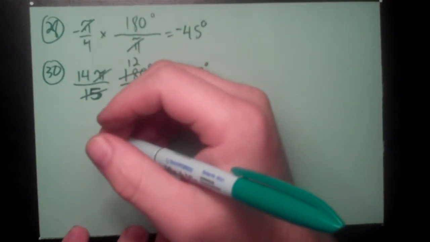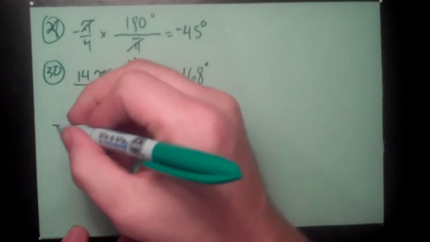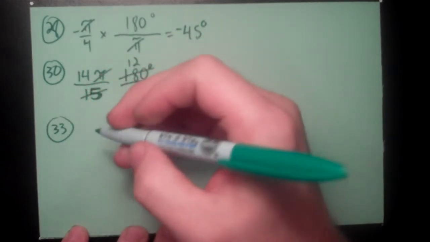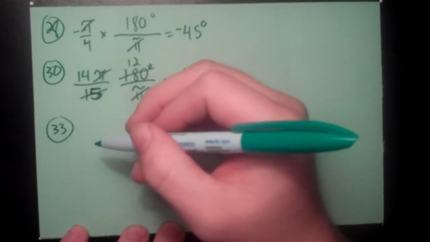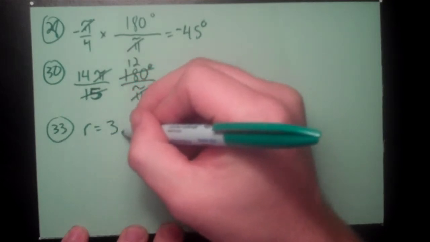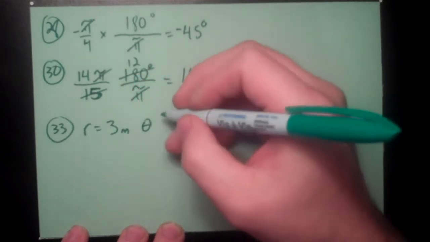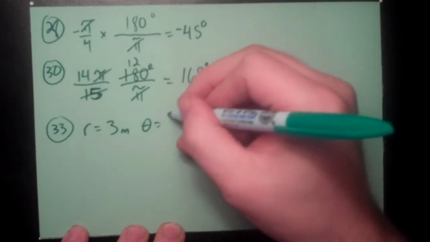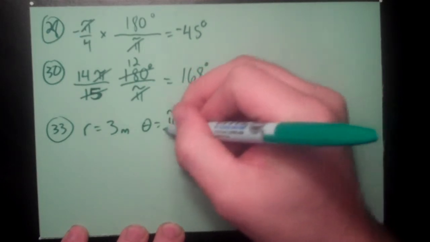Okay, so that's all the conversions we're doing. Let's move on to number 33, which utilizes the area and arc length formulas. Okay, so this is saying there's a sector out there. Its radius is 3 meters, and its angle is 5 pi over 12.